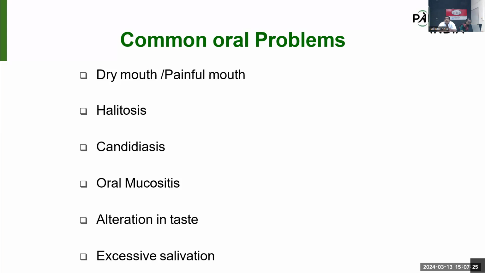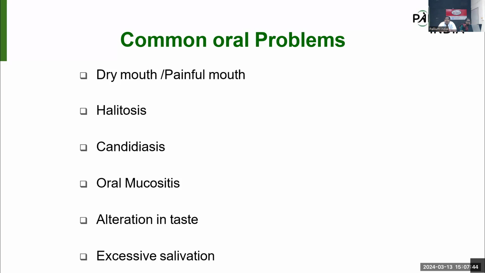It may be because of the accumulation of food particles in the gums and in between the teeth, which causes the bad odor. So the patient may isolate from others because of this malodor. The next is candidiasis.